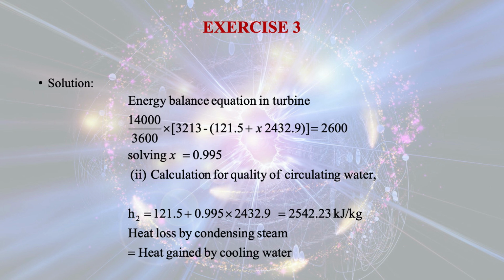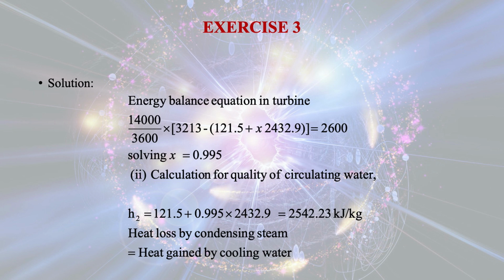Now what is x? X is the dryness fraction, that is equal to 0.995. The second part of this problem is the calculation for the quantity of circulating water. We have already got x equal to 0.995.